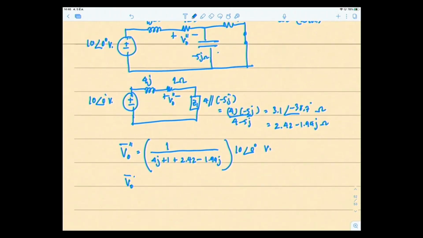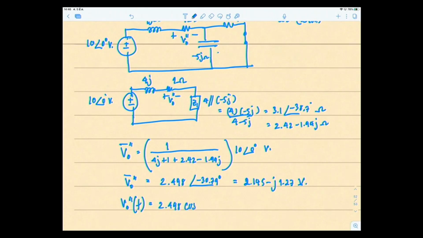And the answer using your calculator turns out to be 2.498 angle minus 30.79 degrees, or 2.145 minus j1.27 volt. If you want to write it in terms of the time domain, it's 2.498 cos of 2t minus 30.79 degrees volt.